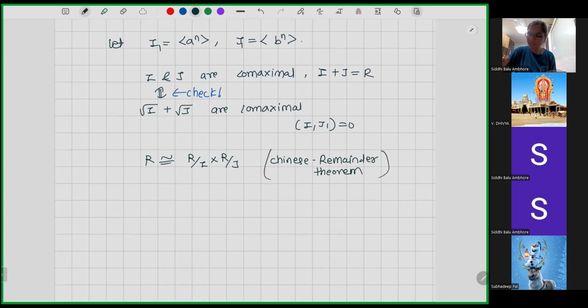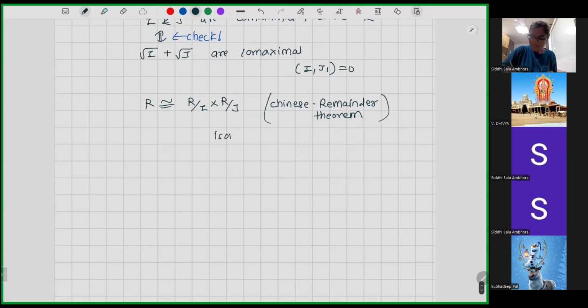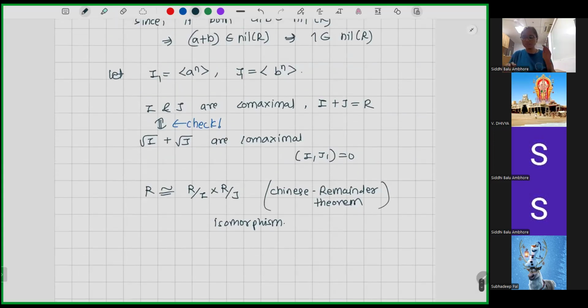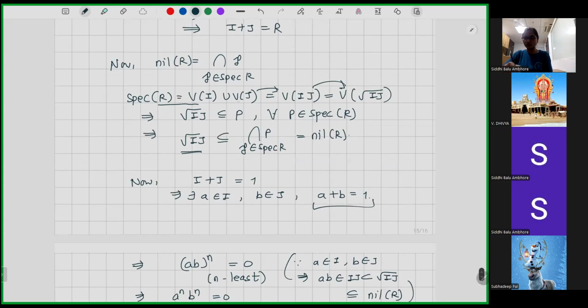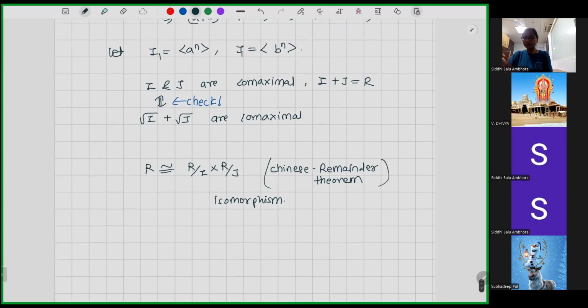We wrote the Chinese remainder theorem last time, so I'm not writing it. So R mod I1 becomes non-zero, R mod J1 becomes non-zero, and the radicals of I and J are co-maximal. This will imply I1 into J1 is 0, and I1 plus J1 are still co-maximal. So we started with these two ideals I and J, and we end up getting R as a direct product of these two.